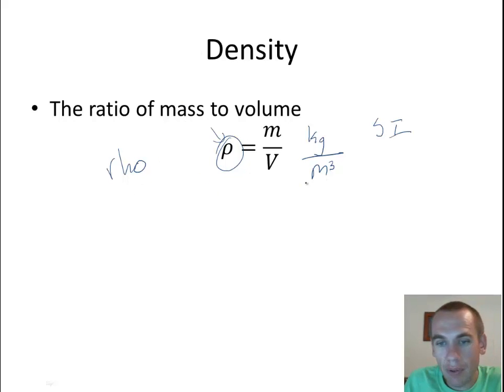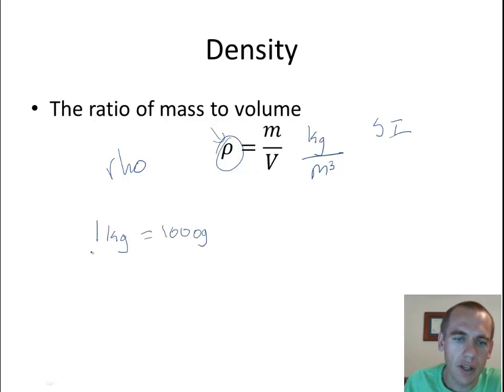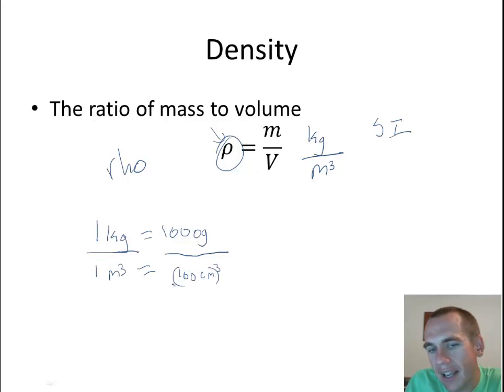And I did say that we would look at grams per cubic centimeter. We should just take a quick look. Remember, 1 kilogram equals 1,000 grams, and 1 cubic meter is 100 centimeters cubed, since there are 100 centimeters in a meter. And that cube acts on everything in here.